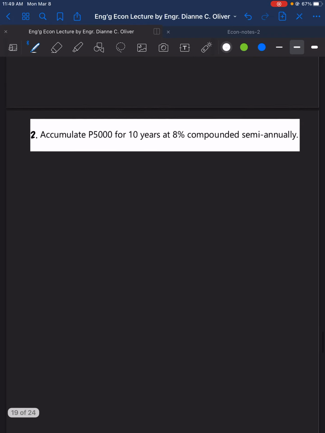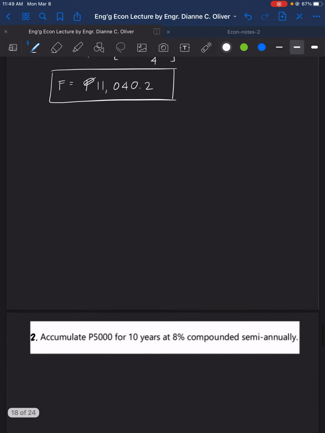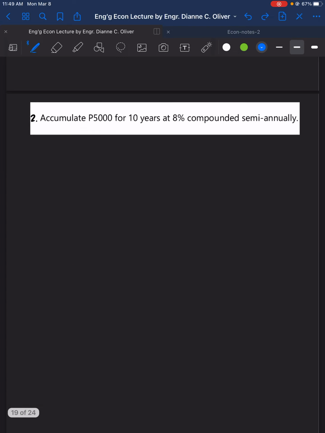For number 2, accumulate 5,000 pesos for 10 years at 8% compounded semi-annually. In example number 1, we considered quarterly, but in example number 2, semi-annually.